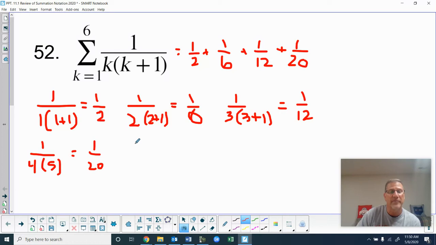And then it's going to be 5 for k, and 5 plus 1 would be 6, so that's 1 over 30. So you can kind of see the pattern as you're doing it. So once you see the pattern, you can go a little faster. Go ahead.